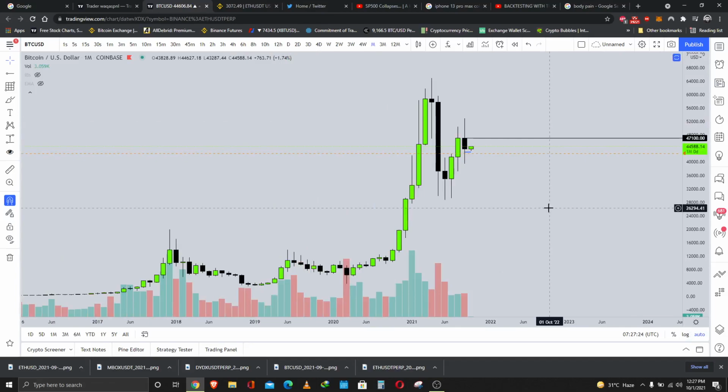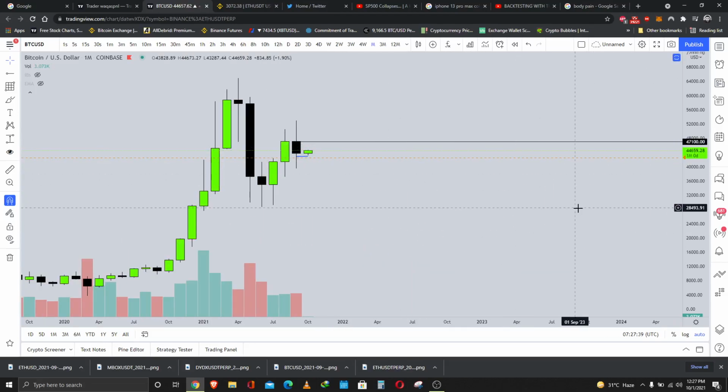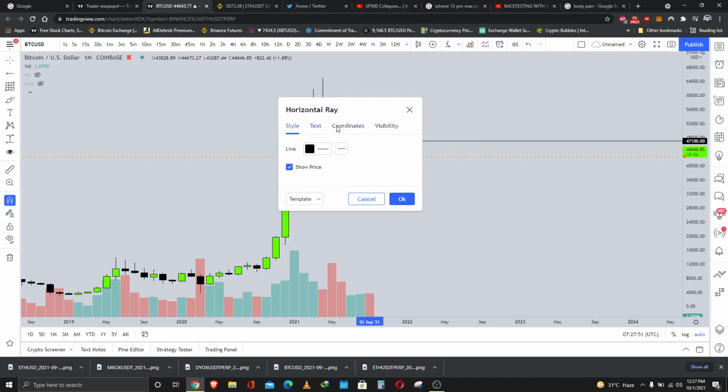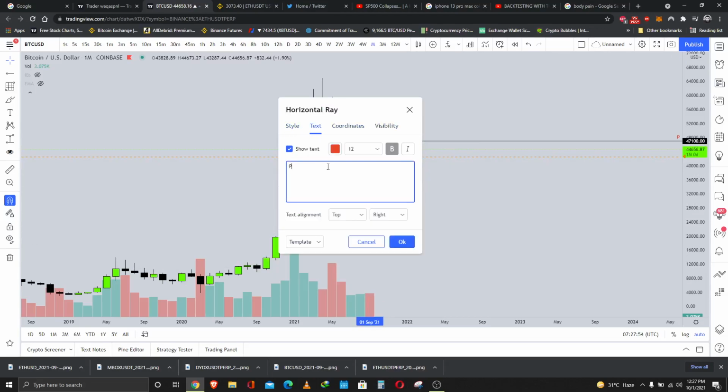And September close, we made some sort of a doji, some sort of a pin bar with the volume. So I would like to see, the area to break is now 47,100, and look at this. This is the top of this. The price opens at 47,110. Let's put it here. This is the previous monthly open.